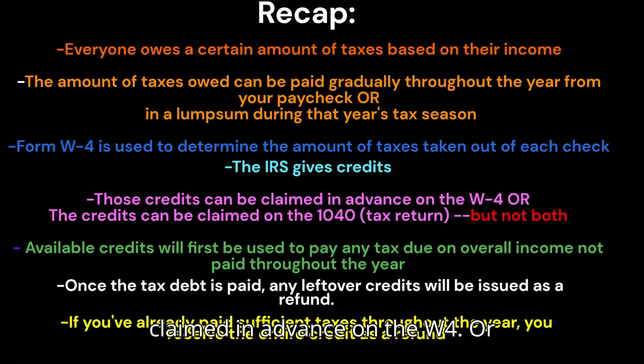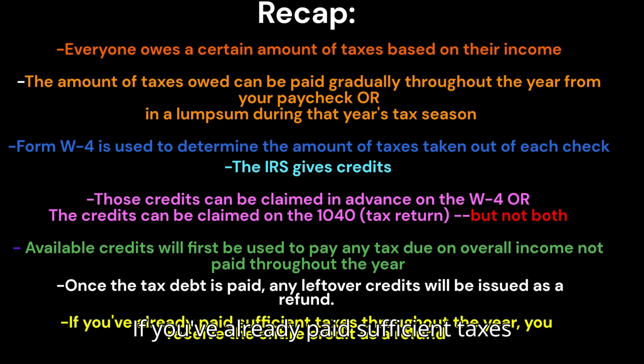Those credits can be claimed in advance on the W-4 or on the 1040 when filing, but not both. Available credits will first be used to pay any tax due on the overall income not paid throughout the year. Once the tax debt is paid, any leftover credits will be issued as a refund.